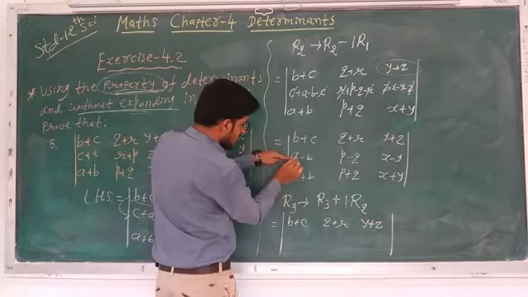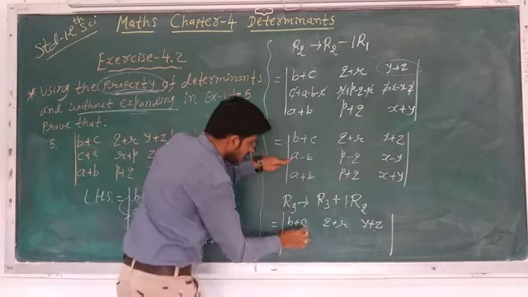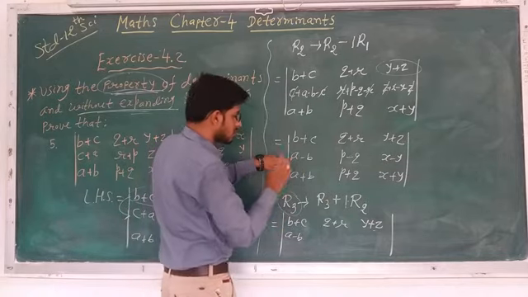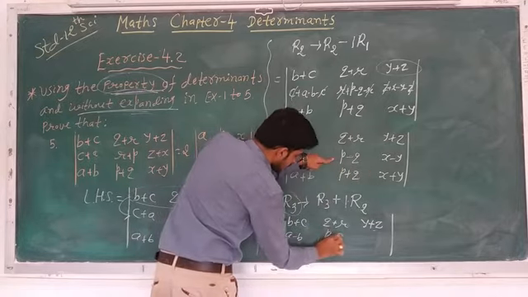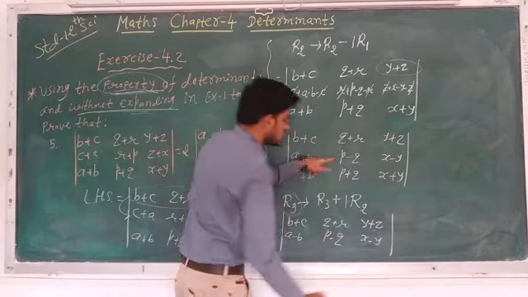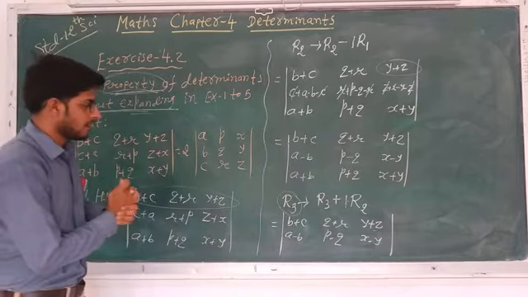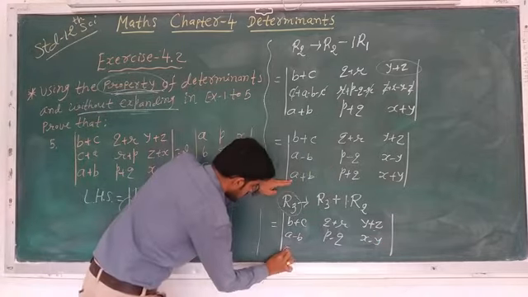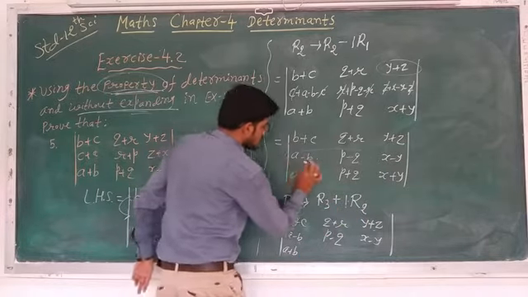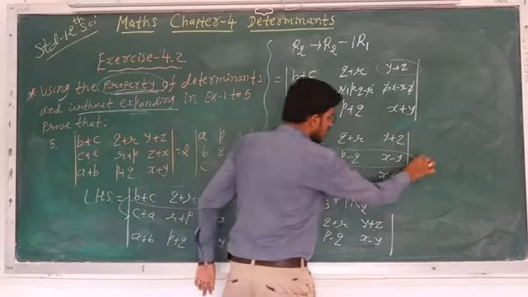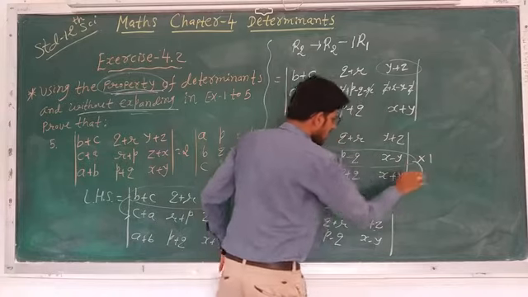The second row is as it is, a minus b, p minus q, x minus y, because we will apply it only to the third row. So in the third row there will be changes. So what about the third row? a plus b as it is first. Now we will multiply R2 by 1 and add it to the third row.